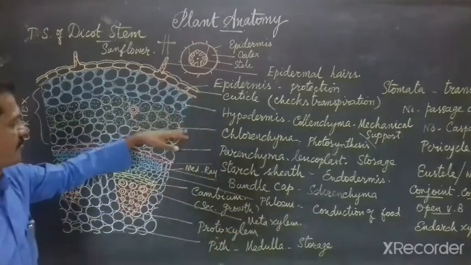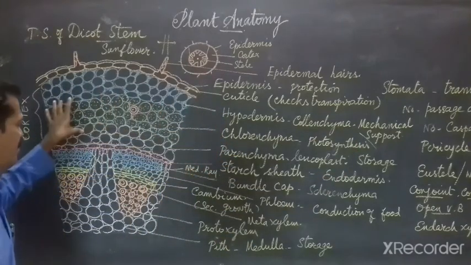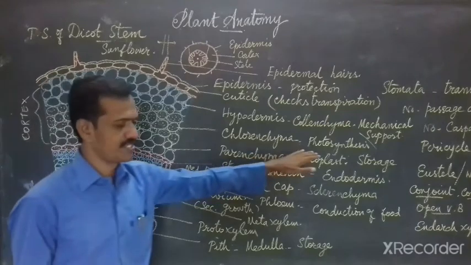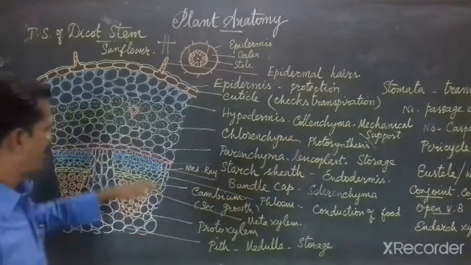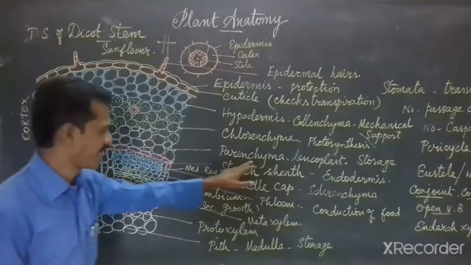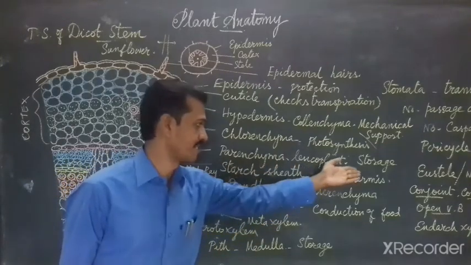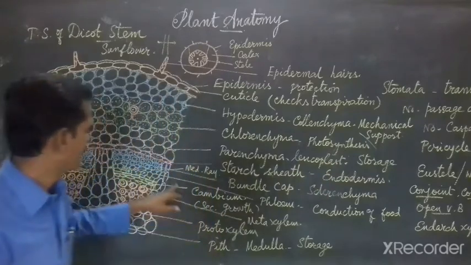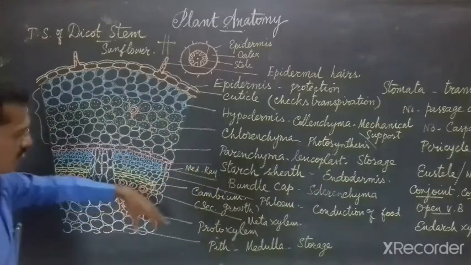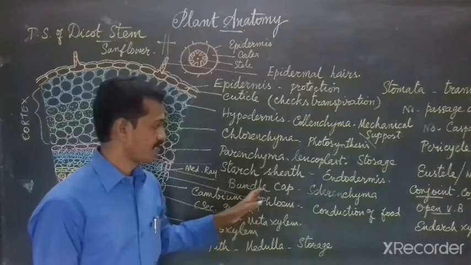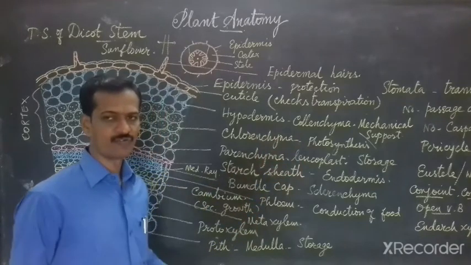Inner to the hypodermis there is parenchyma tissue involved in photosynthesis. Inner to that there is parenchyma tissue containing leucoplasts and involved in storage. Here the endodermis is called the starch sheath because it abundantly forms starch grains.